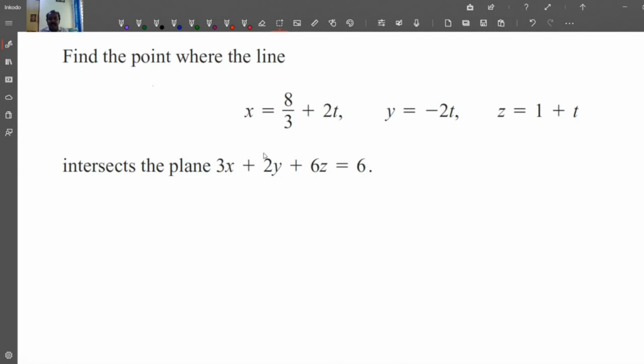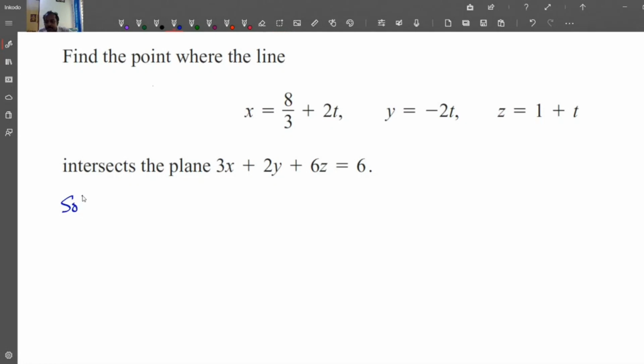Now we do the problem. Find the point where the line x is equal to 8 by 3 plus 2t, y is equal to minus 2t, z is equal to 1 plus t intersects the plane 3x plus 2y plus 6z equal to 6. Now it is an easy problem. What we have to do is solve for t by substituting these quantities in the equation of the plane.